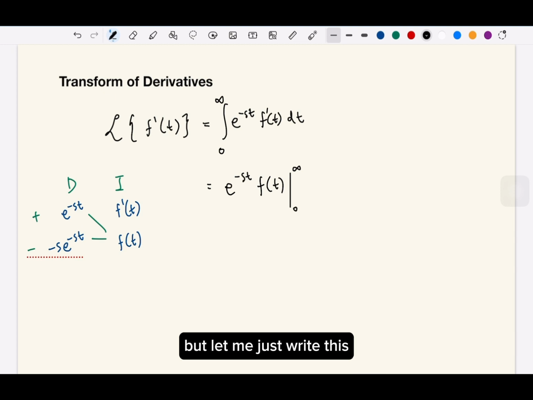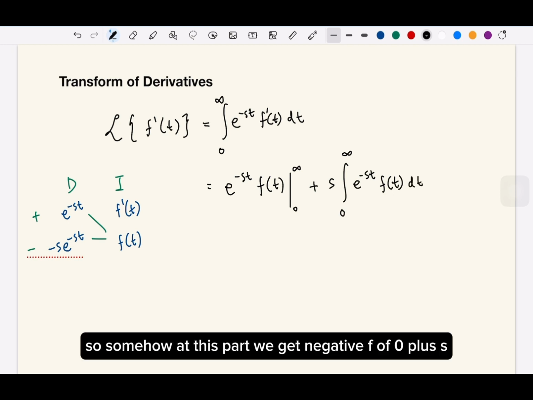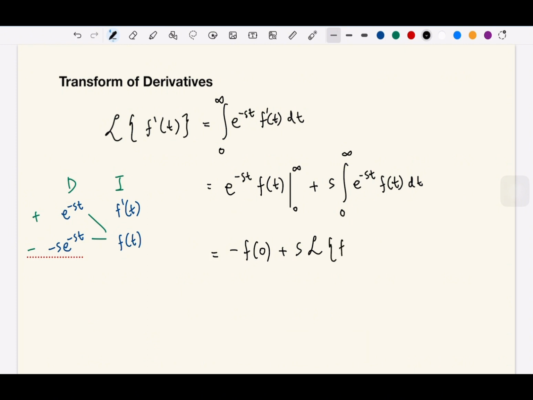And then plus s, and then the integral from 0 to infinity of e to the negative st f t dt. So at this part we get negative f of 0 plus s times the Laplace of f of t, right? This part here.